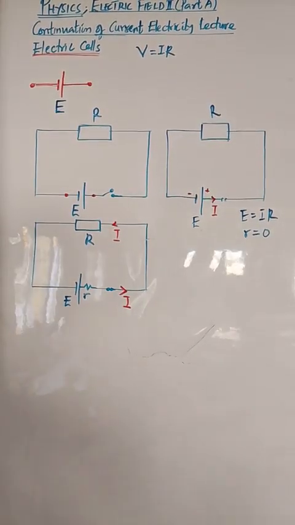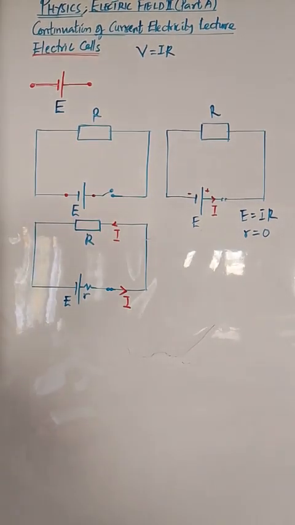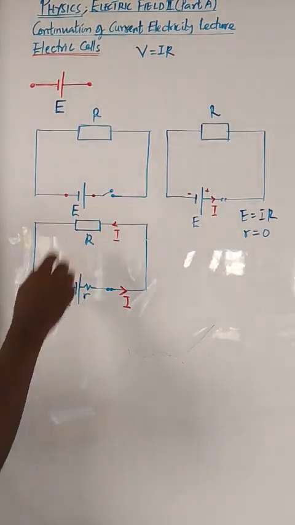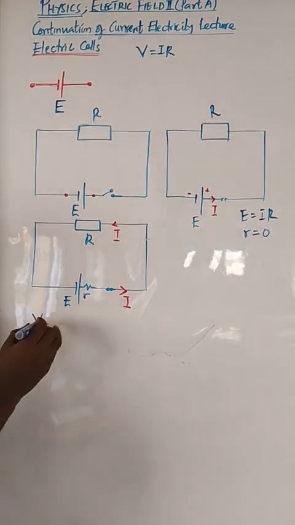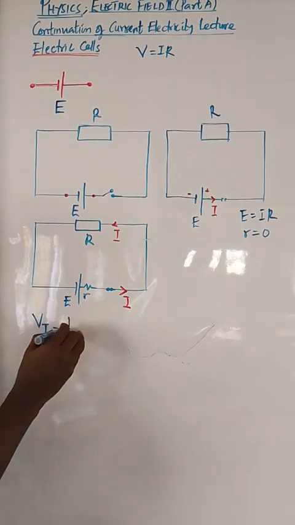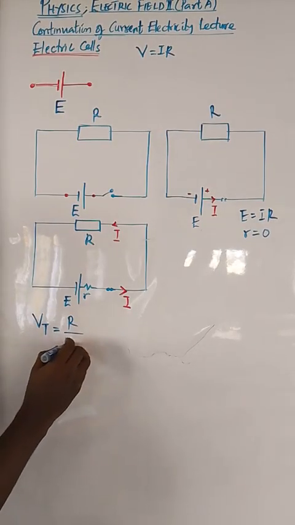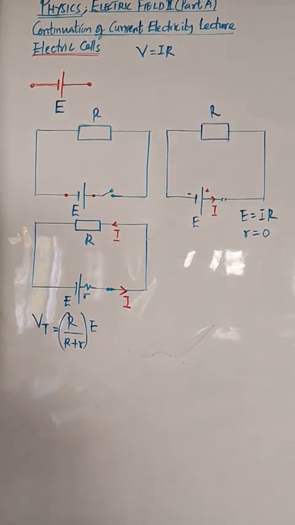So, for this external resistor, it will take a share of the total voltage. Recall in our last class, we did what we call the voltage divider rule for two resistors in series. So the voltage that will be supplied to this load, let me call it VT, the terminal voltage, equals, according to what I did yesterday, R over R plus r, times E. So this is the voltage that will be supplied to the external circuit.